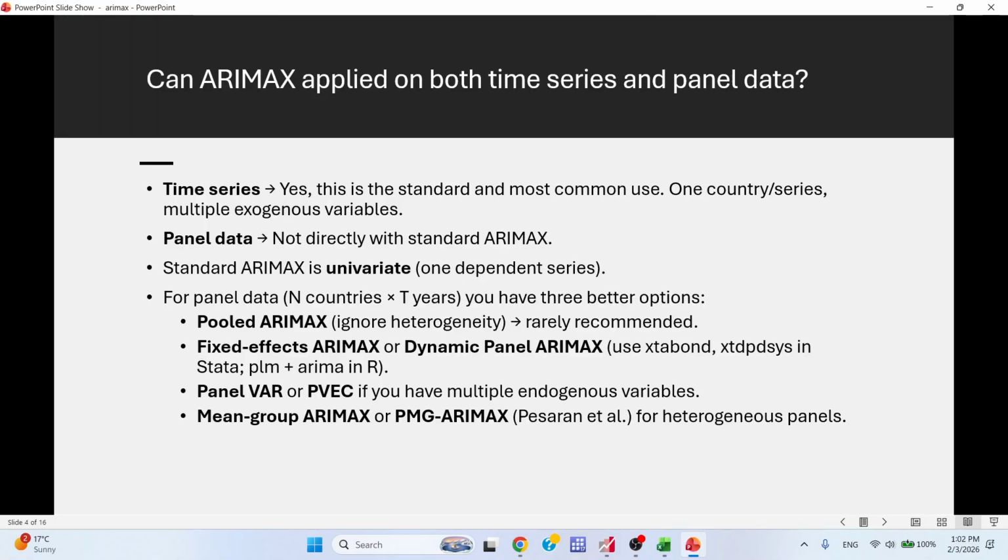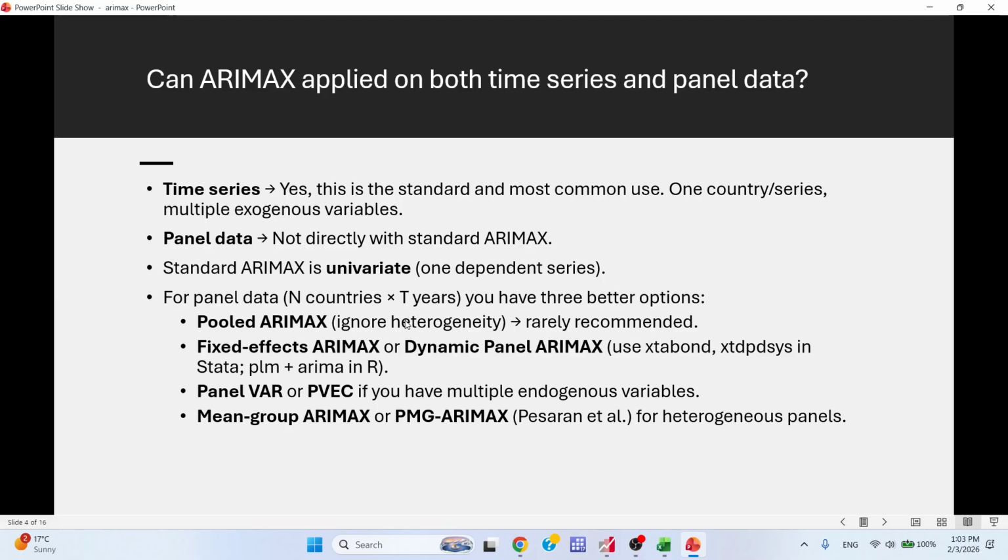And then the question comes: can we apply ARIMAX on both time series and panel data? Yes, we can apply ARIMAX on time series data, but in the case of panel data, we cannot apply the ARIMAX model directly, as standard ARIMAX is univariate, with one dependent variable.